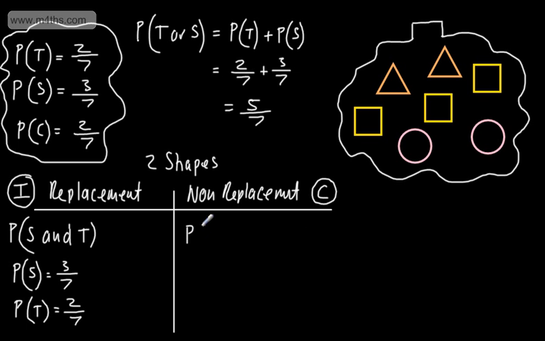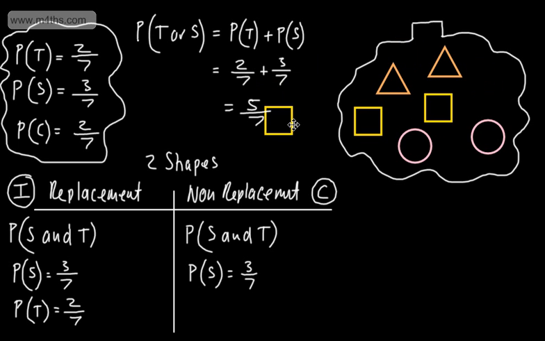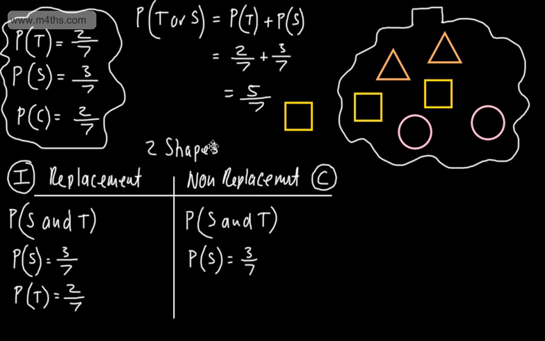Let's now look at not replacing. So we've got the probability of a square and a triangle. On the first one, we can say now the probability of a square we know is going to be 3 sevenths. So let's say I chose one now, and we picked one at random, and it was a square. So let's say we chose a square. At this stage, I'm not going to replace the square. We can see the outcome of this first event will affect the next event.